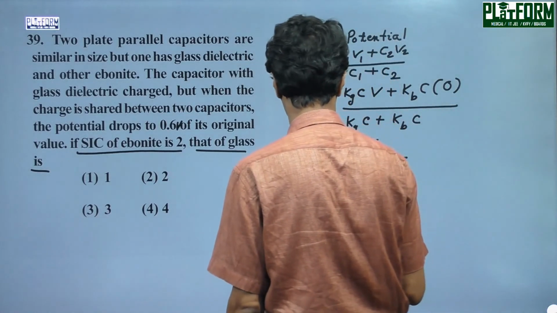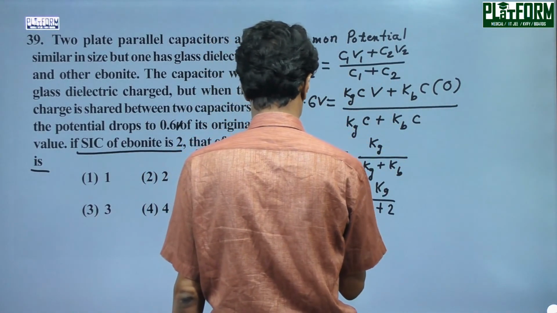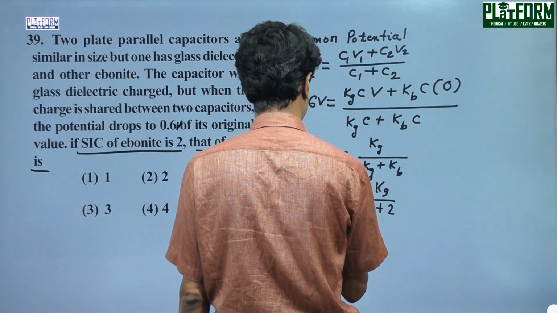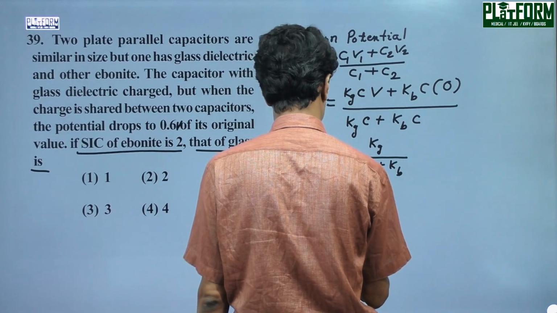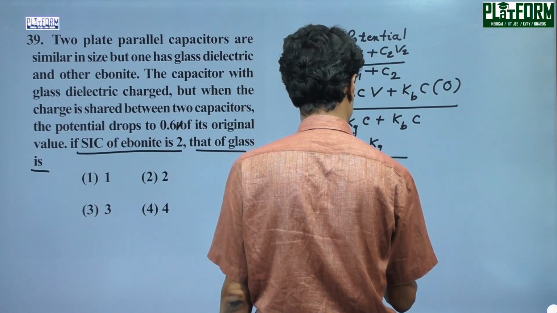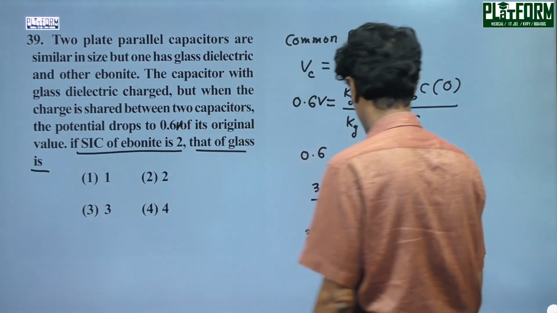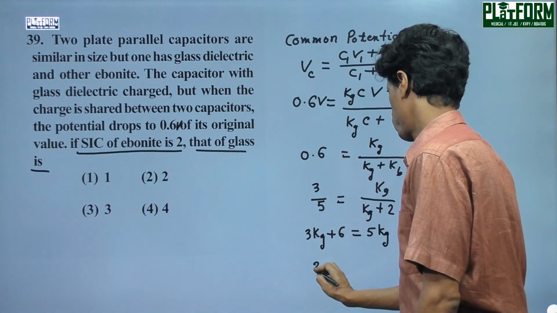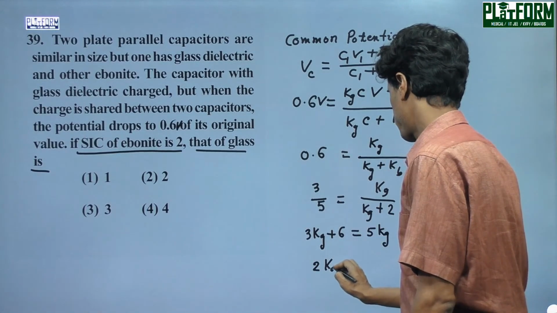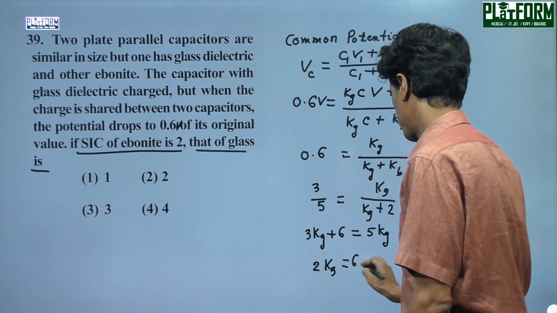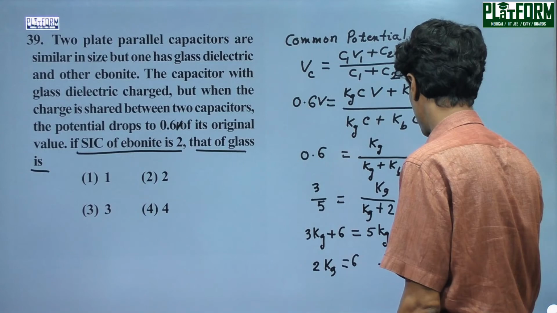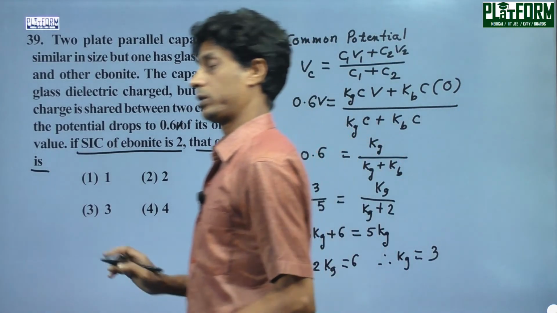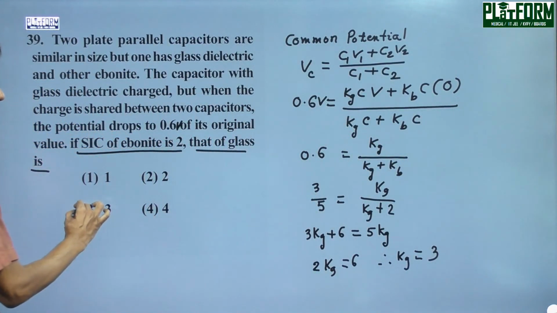We can write here it is 3 by 5, and 3 Kg plus 6 equal to 5 Kg. So 2 Kg equal to 6. We can write here Kg, the dielectric constant of glass, is 3. Correct option matches with 3.